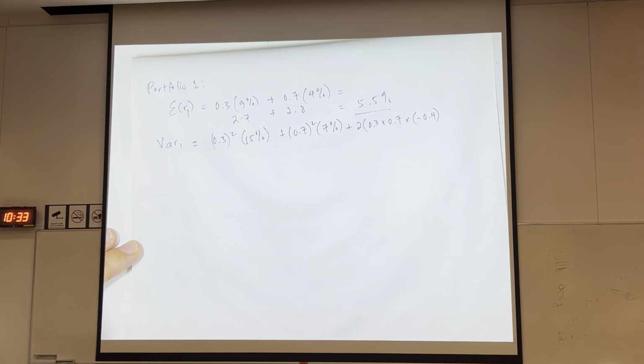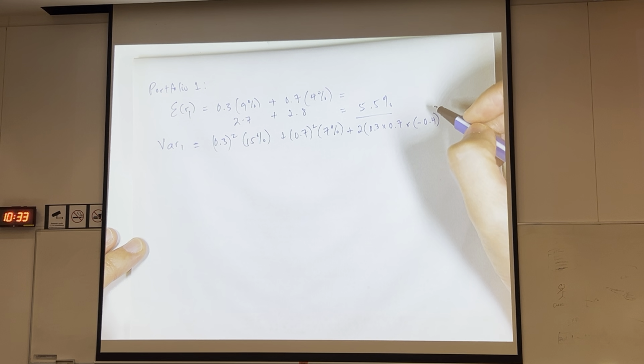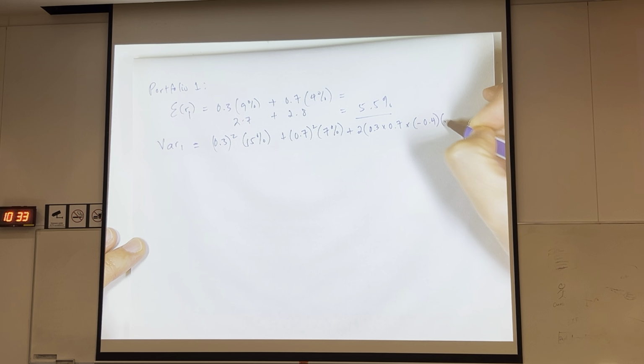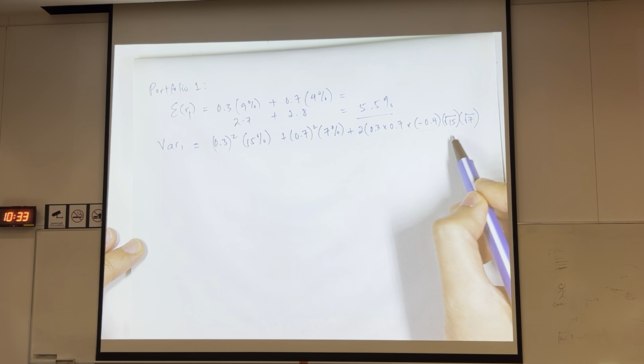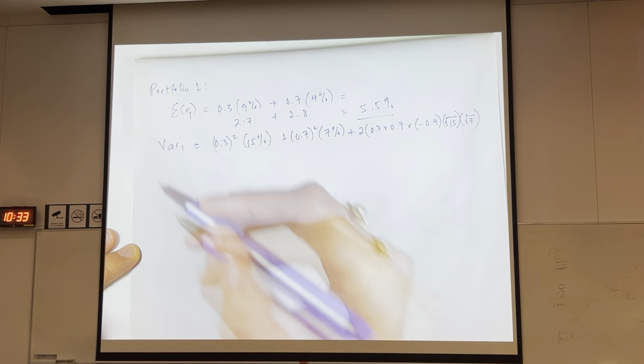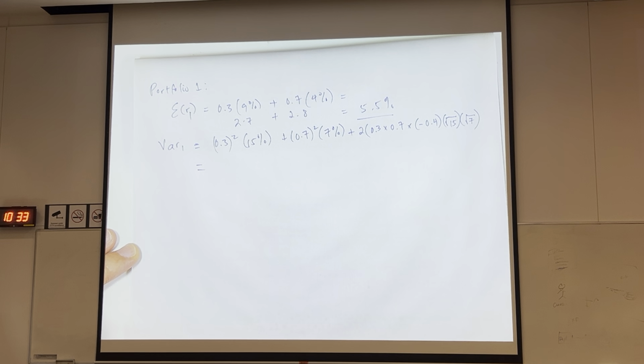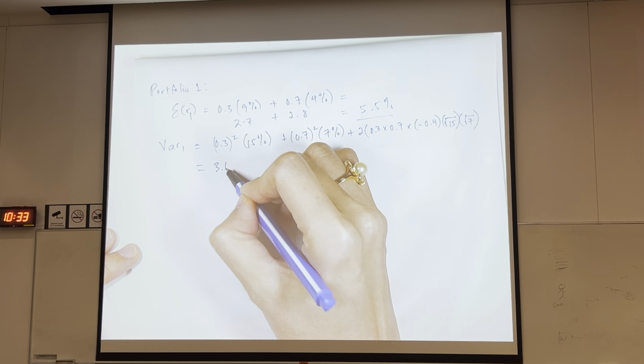and times the standard deviation of 1 and 2. So this is the correlation, negative 0.4, then the standard deviation of each one. So you have to take the square root of the variance. So 15% and the square root of 7%, like that. Right? So that's basically applying this equation, the whole thing times 2. And then, if you solve for that, you should get 3.06.